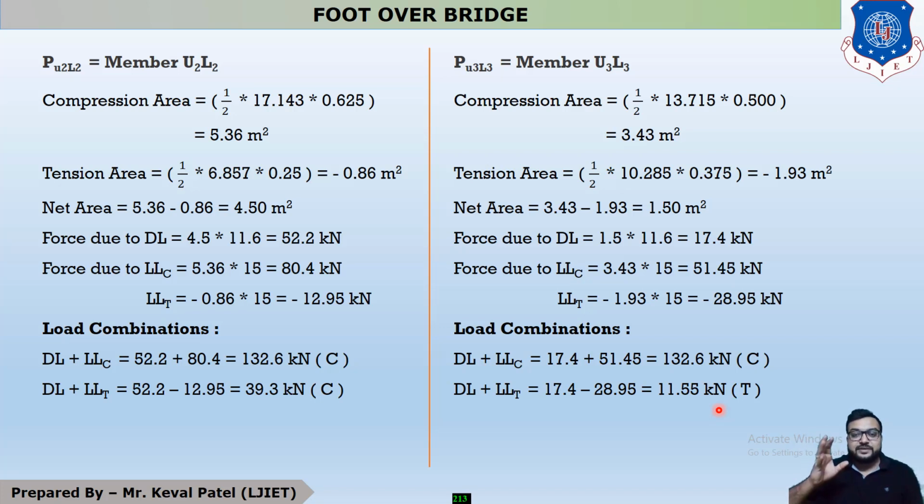So how to design a compression member? All the students are requested to go to step number 8, which is the design of top chord member. It was already discussed that for a through type truss, your top chord member is in compression and your bottom chord member is in tension.